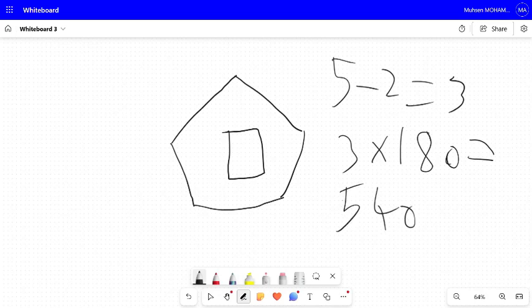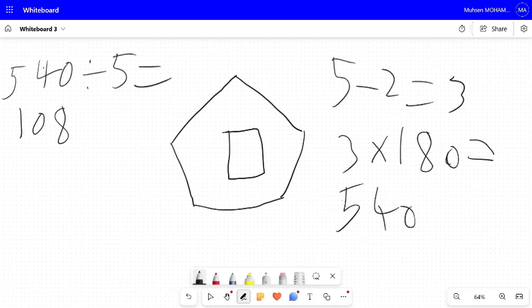This would mean the sum of the interior angles of the shape is 540. And since there are 5 angles in the shape, to find how much each angle is equal to, we must divide 540 by 5. So now we know that each of these angles equals 108.